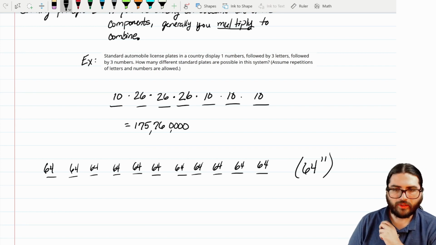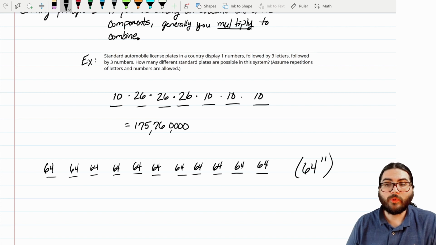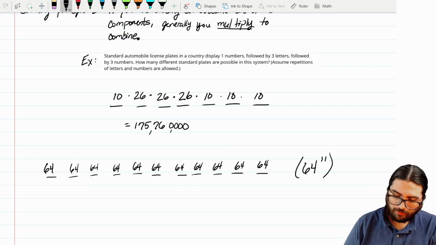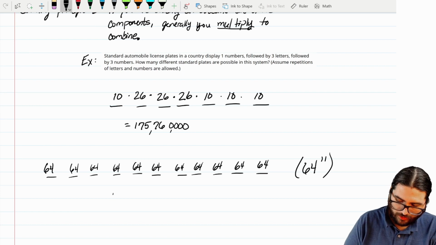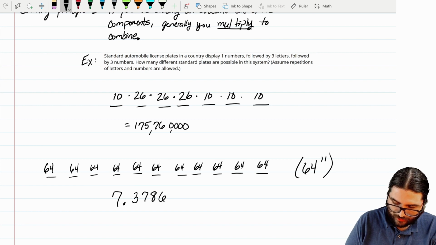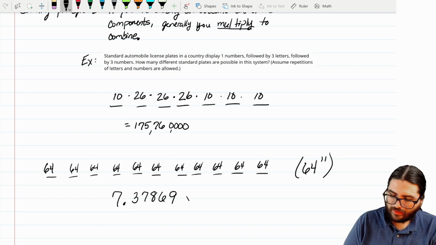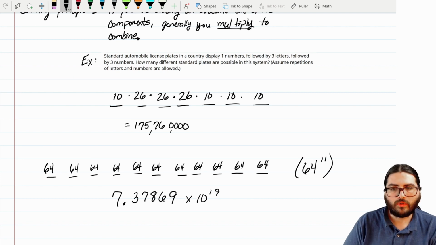And boy, my calculator tells me that's a pretty big number. It's so big, it can't even tell me what that number is exactly. It has to round this off. My calculator tells me that there are 7.3789, and I'll stop giving decimals after that, times 10 to the 19th power.